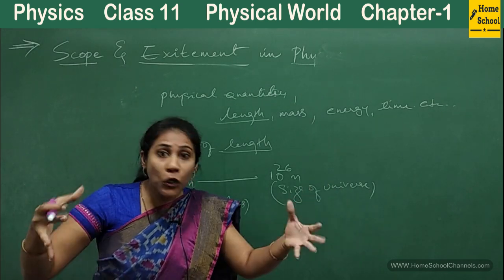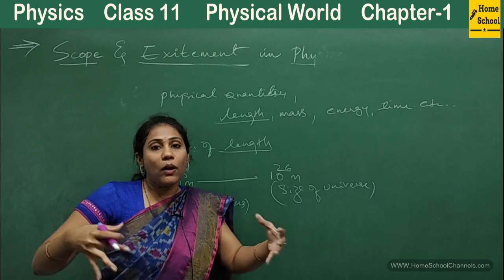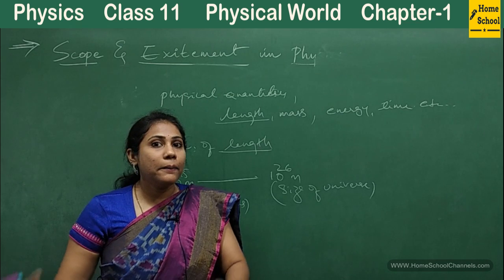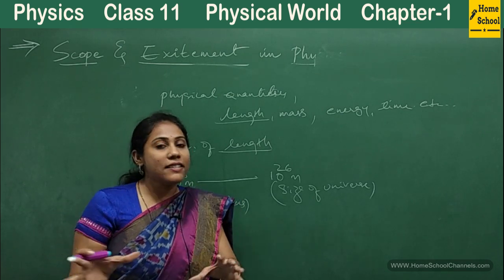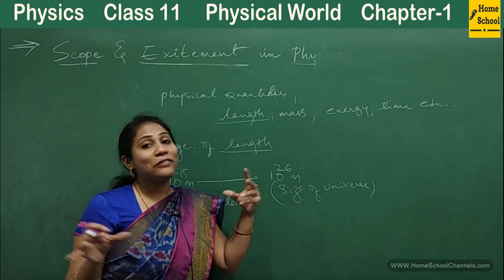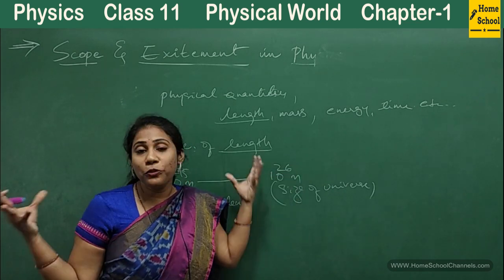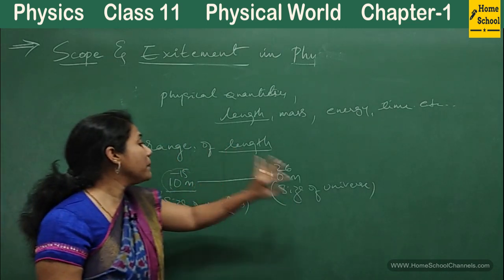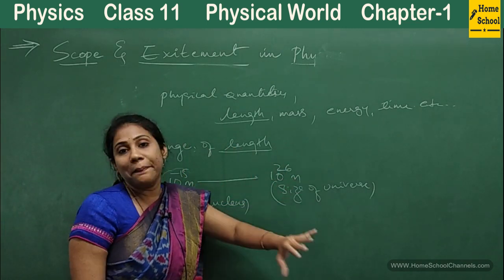Universe means the known boundary. What is the known boundary for universe in the present situation? That I consider as universe. So size of universe can be 10 power 26 meters. Huge, it's a huge number, right?